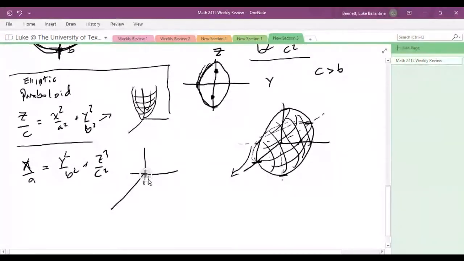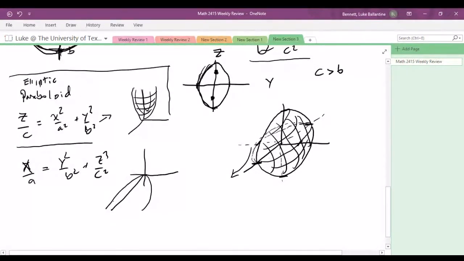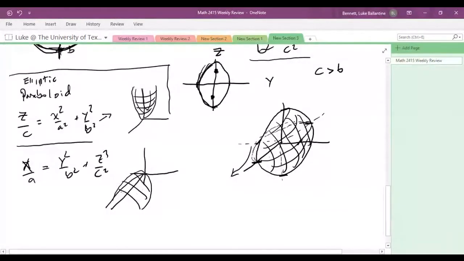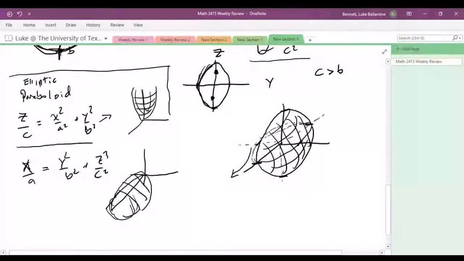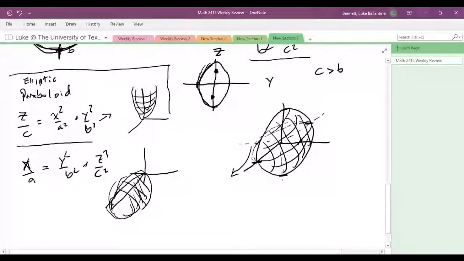This is harder to draw than on paper for me, but yeah, that looks ugly.